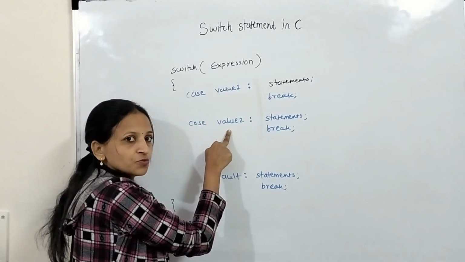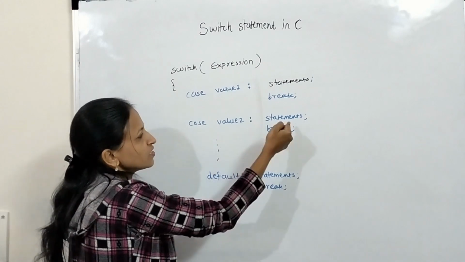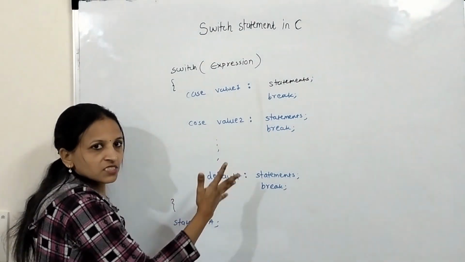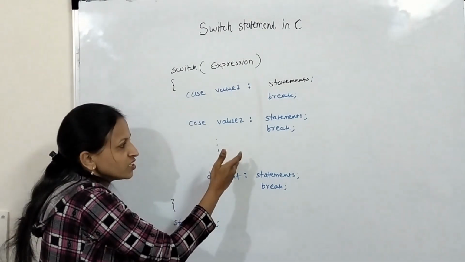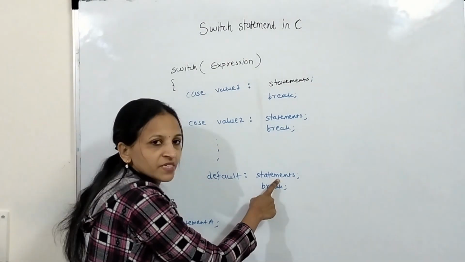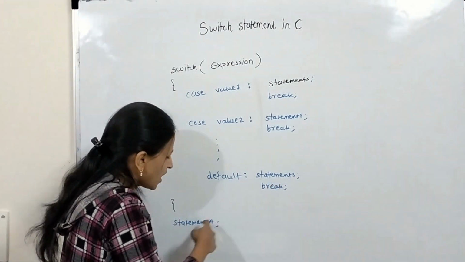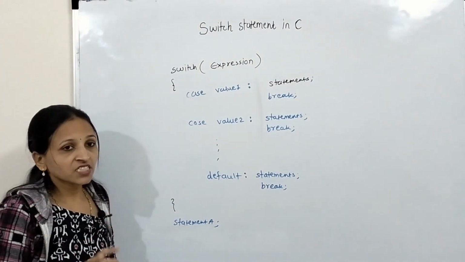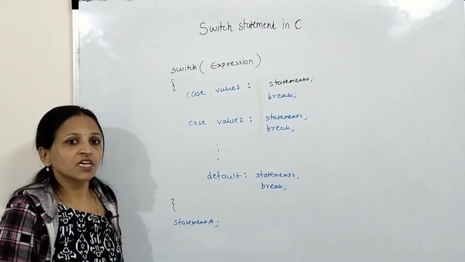If it is true, if it is equal to value 2, then it will execute these statements and come here. If no, then again whatever cases we have mentioned, it will check for all the values. If no match found, then it will execute statements written inside this default block and control will be shifted here. In this way, the switch case construct will get executed.